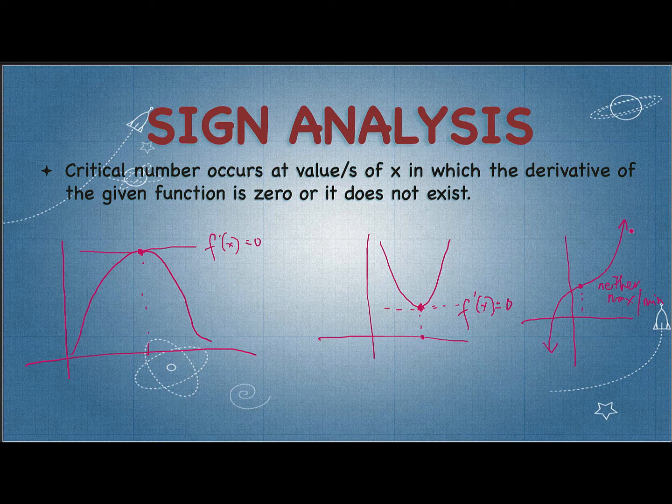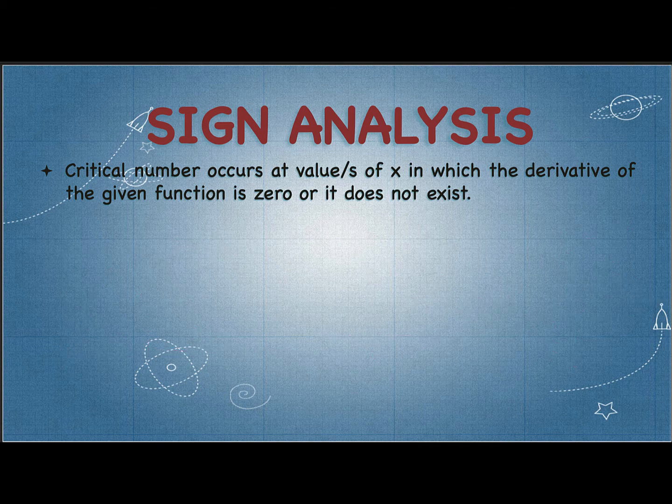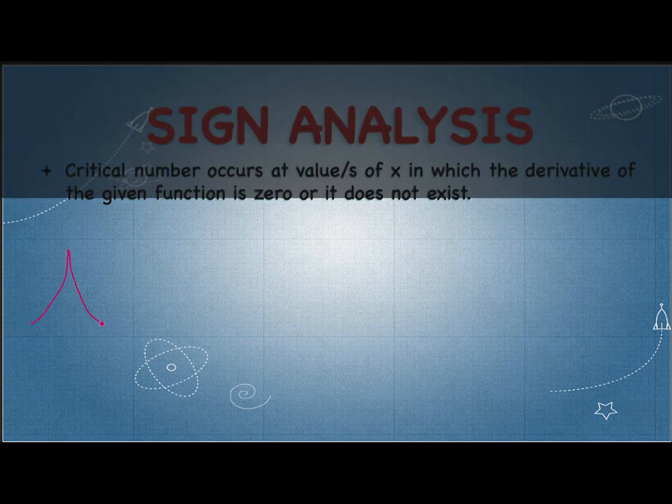But sometimes a critical point, just like this one, also came from a critical number, but it does not represent any maximum or minimum of the given function. Okay? So another case is, what if the derivative does not exist? For example, we have a graph like this.